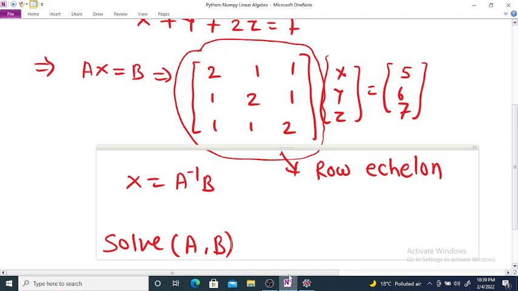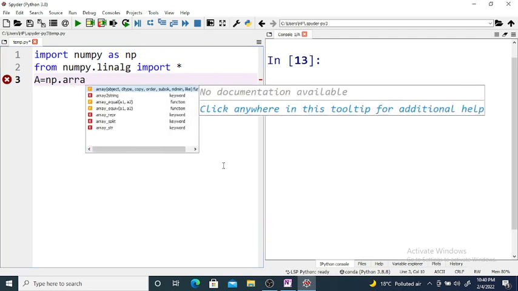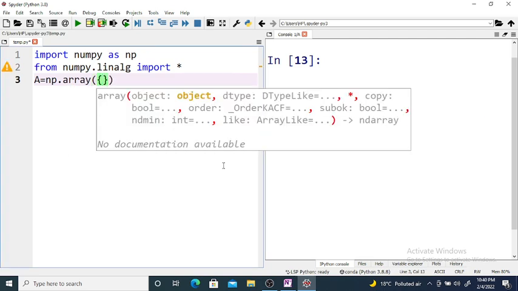What is A here? A is [2 1 1; 1 2 1; 1 1 2]. So A is equal to np.array, and to this array function we pass a list having shape 3 by 3: 2 1 1, then next 1 2 1, and next 1 1 2.